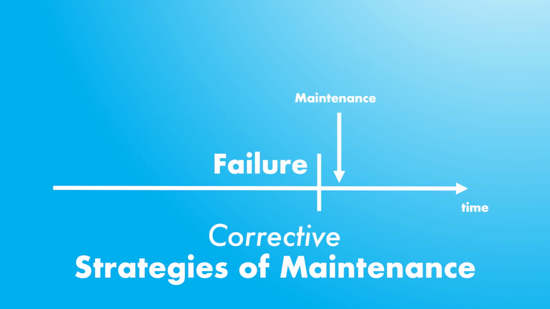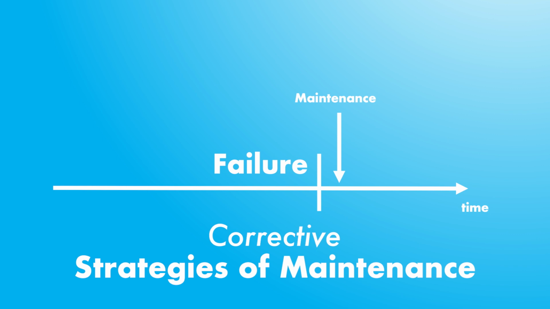Corrective or reactive strategy may sound like a no-strategy, but it is a real approach. In corrective, we wait for things to fail before doing a maintenance action. This type of strategy should only apply to non-costly, easy-to-replace, hard-to-inspect components with low criticality.